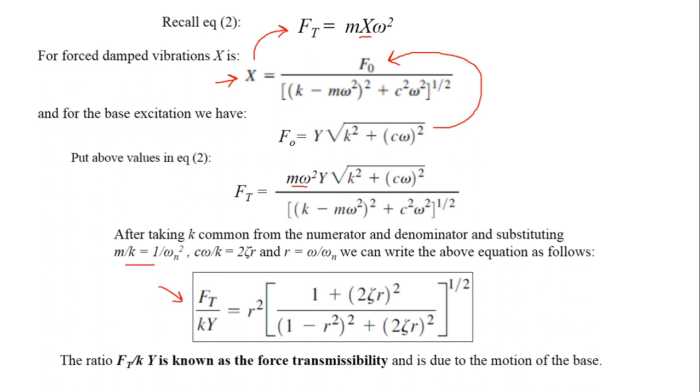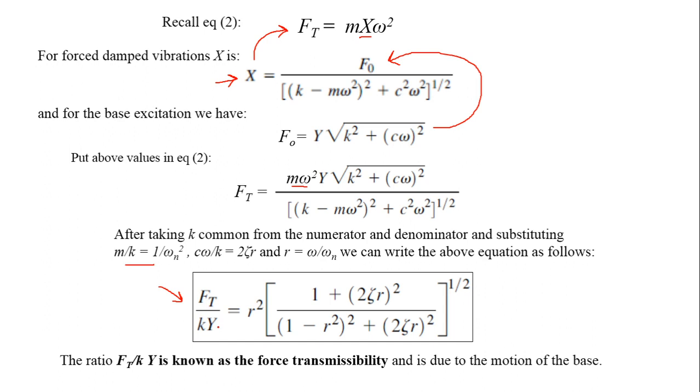If you take this k common from this radical, you will be able to bring k Y in the denominator in this expression, and we know that the spring stiffness multiplied by the displacement is the force.